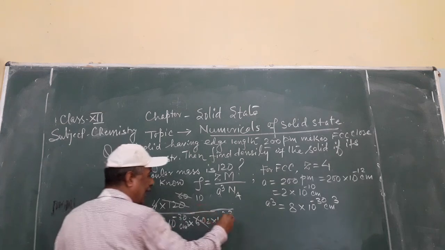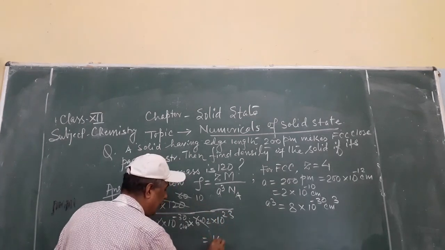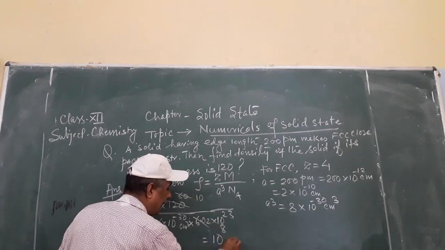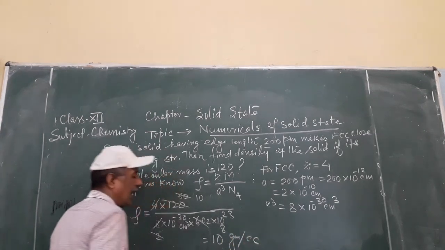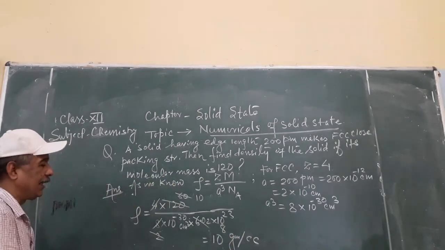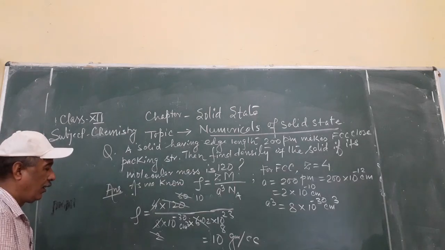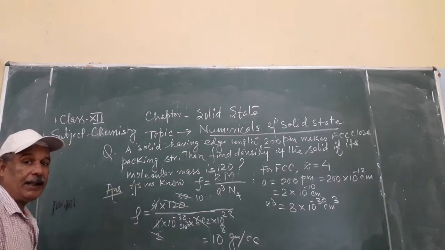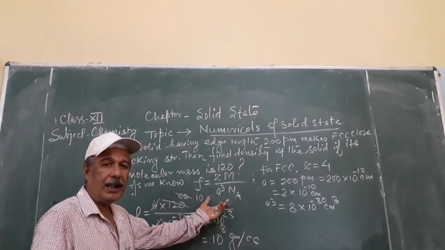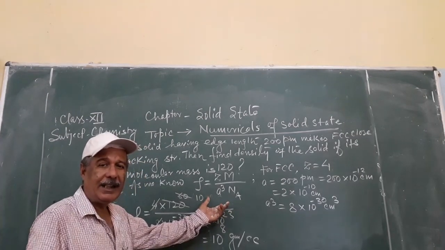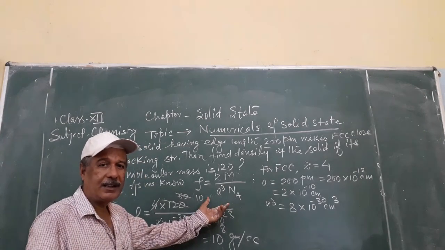Altogether it will be 10 to the power 8 gram per cc. So that will be the density of the solid. So in this way, by using this formula, we can determine the density of the unit cell.